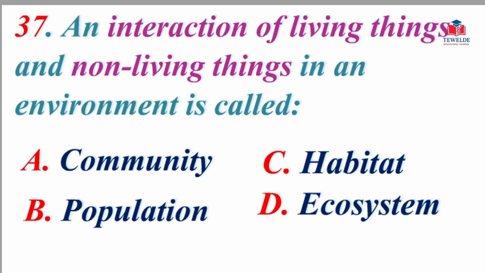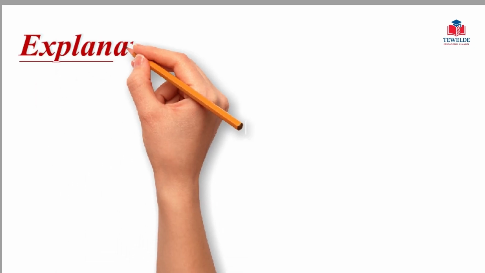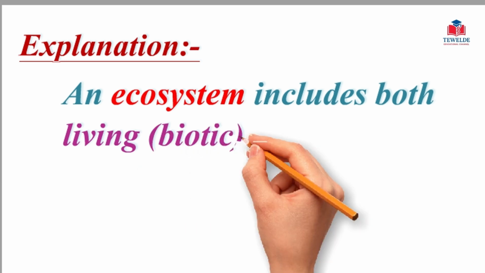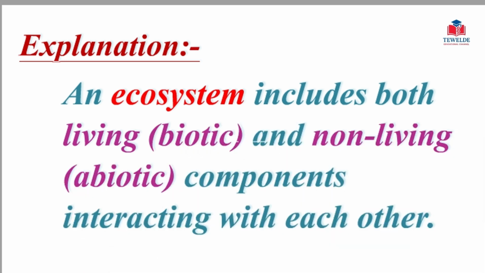The answer is D, ecosystem. Explanation: an ecosystem includes both living biotic and non-living abiotic components interacting with each other.